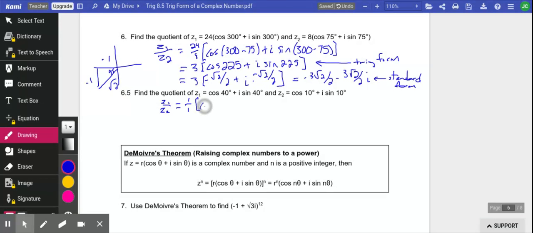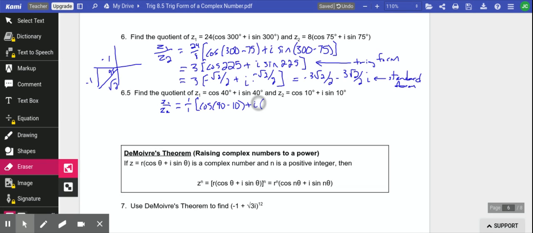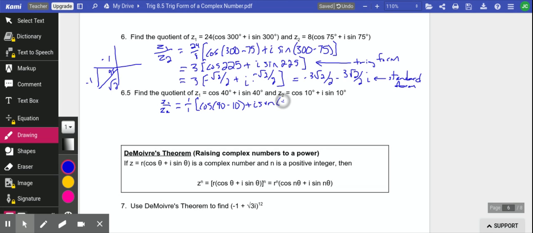And then we have cosine of 40 minus 10 plus I sine of 40 minus 10. So that gives us cosine of 30 plus I sine 30.